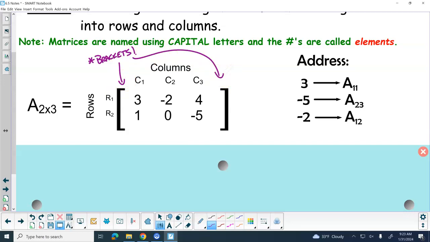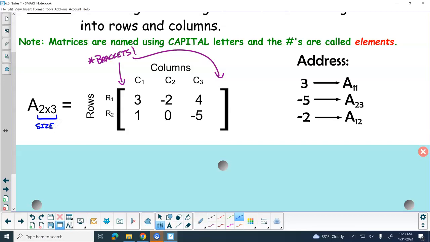Then each matrix will have a certain amount of rows and a certain amount of columns. Okay? So we can tell the size of a matrix if we put that right as a subscript after the capital letter name of a matrix.